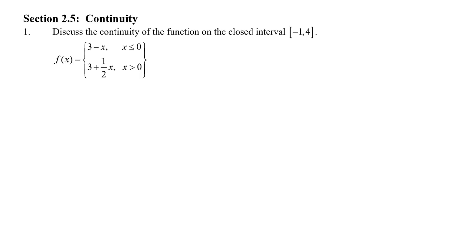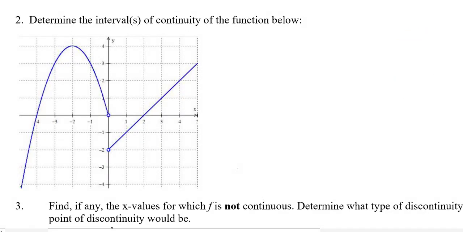For now, I'd like to go to a graph where you can see what this looks like and what continuity actually means. So let's do that. Okay, so if I'm looking at this graph here, which is number 2, determine the intervals of continuity of the function below. What I'd like to make sure you see is that this function does not have arrows or points on the end.